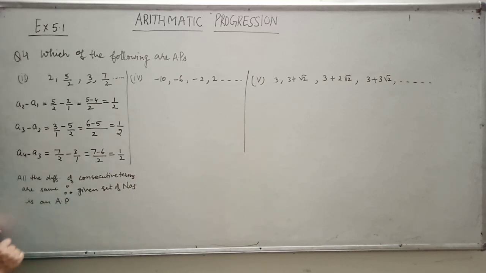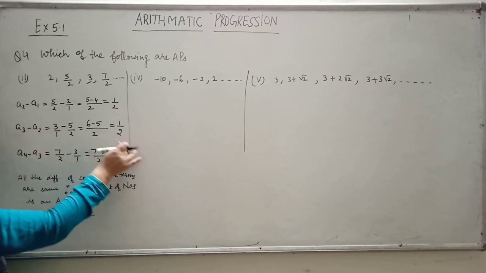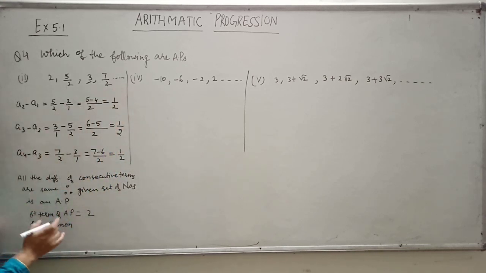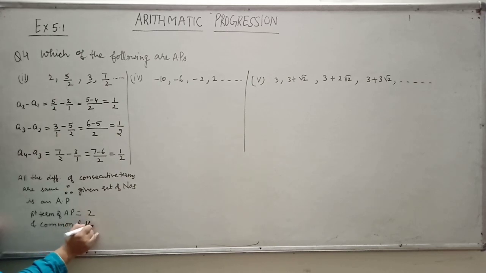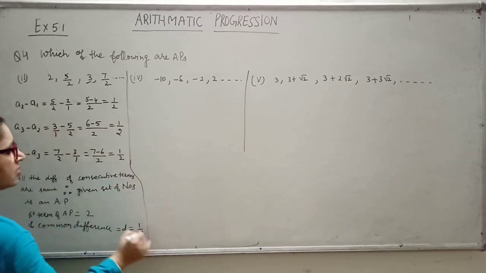And the first term of the AP is 2, and the common difference, whatever the same difference is, that will be known as the common difference. What is that? 1 by 2. Okay, let us do the next question.